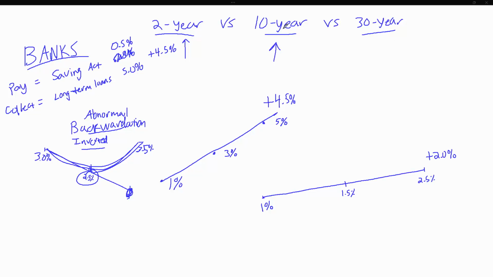It's backwards. Something's out of whack. Something's abnormal. And it kind of speaks to, again, that there's something in the system that's just not quite right. And it's usually a matter of risk. That something is a bit out of whack.